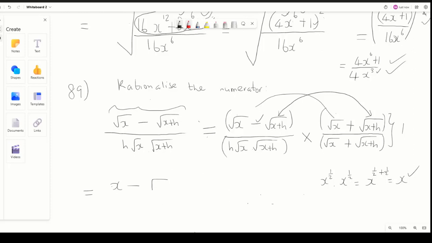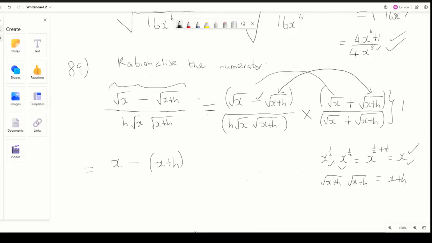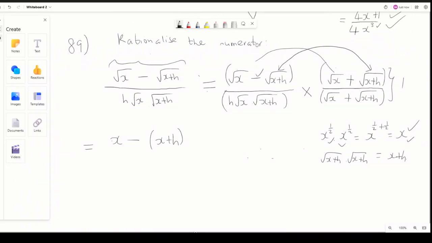So now you must be careful, I'll have minus x plus h because of that negative sign, okay? If the square root of x times the square root of x is equal to x, surely the square root of x plus h times the square root of x plus h must also give me x plus h, for the same reason. So I've got my numerator sorted. Let's just see what happens in the denominator now.